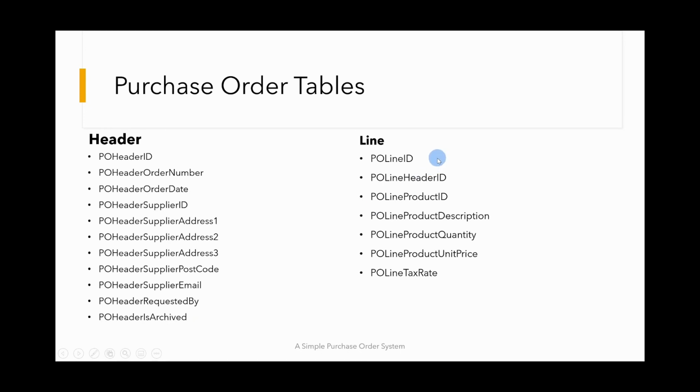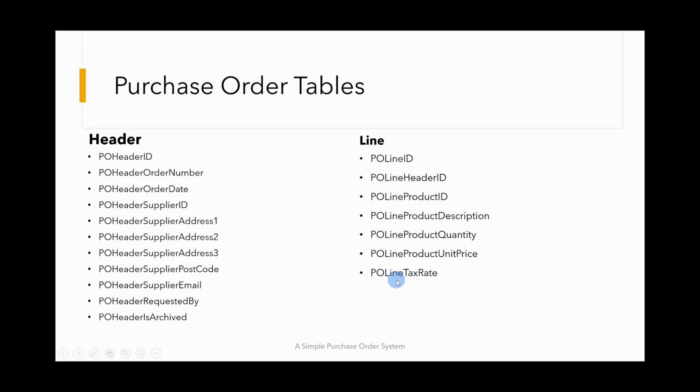And then on the individual lines, we've got a line ID, which will be generated automatically. The header ID, which will refer to the header ID. The product ID, which will use the lookup for the product. Product description, again from the product table, but we can change it if we need to. Product quantity, unit price, and tax rate.